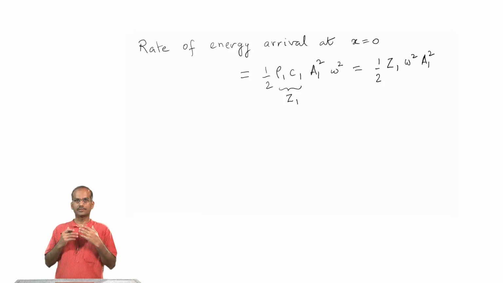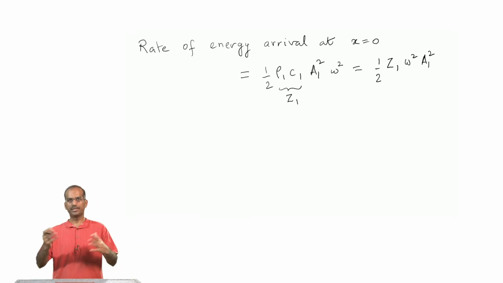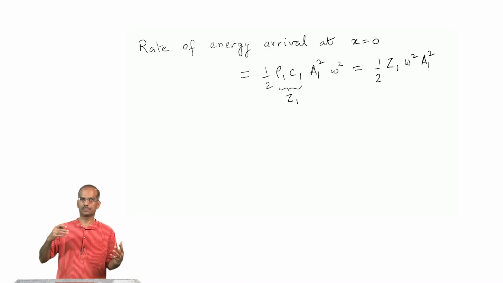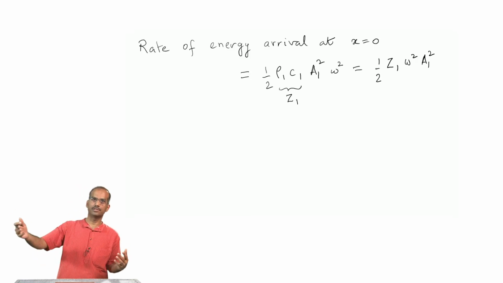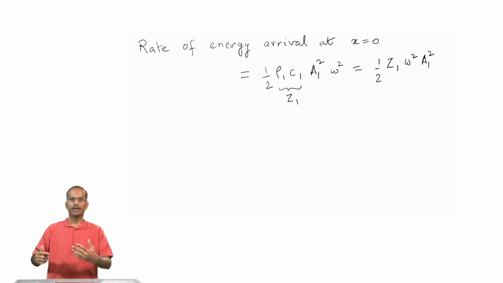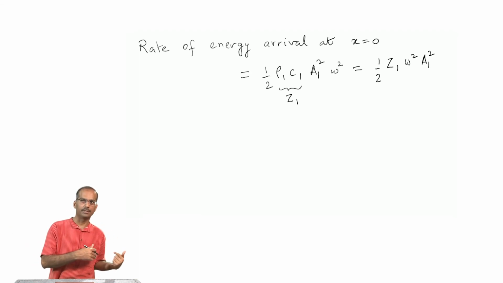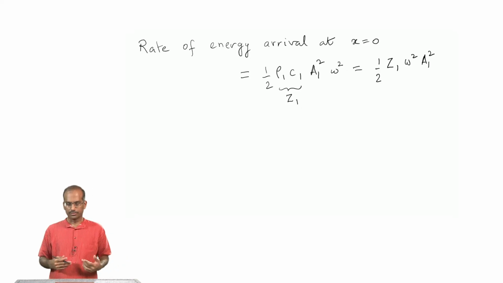Now, the energy that is coming to x equal to 0 is being split between two parts. Part of that energy is sent into the transmitted wave, and part of that energy is put back in the reflected wave. So, this total energy has to be now distributed among these two components.